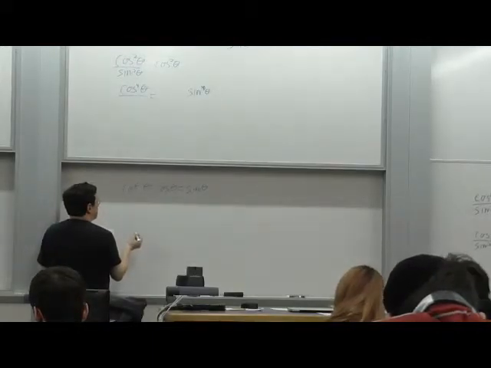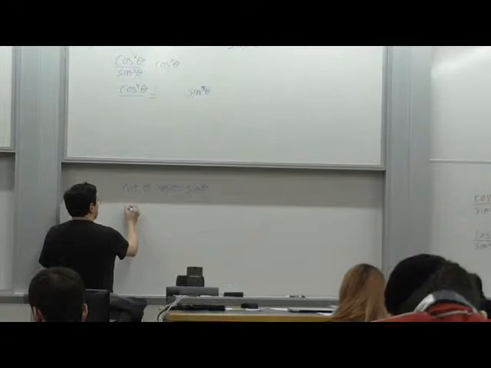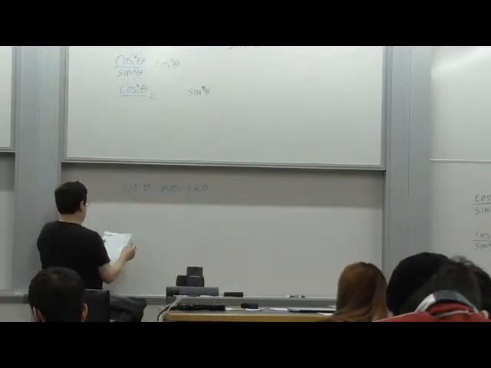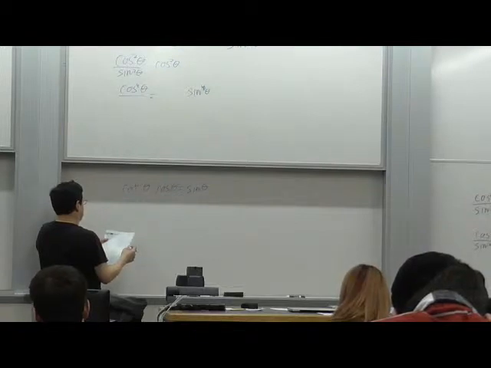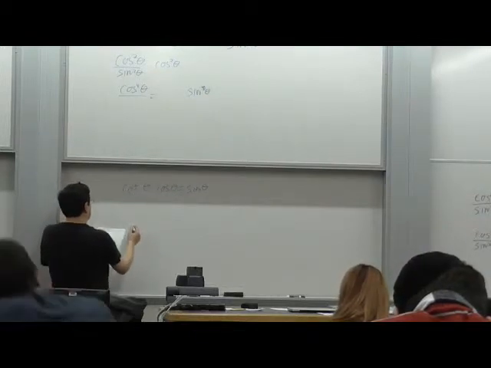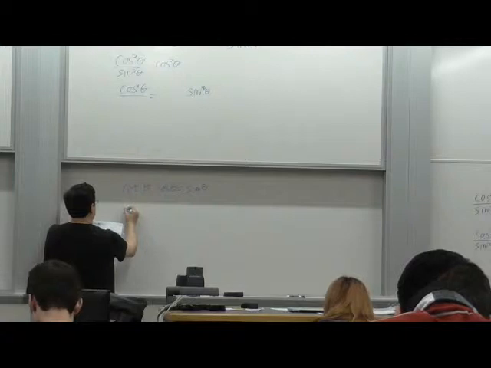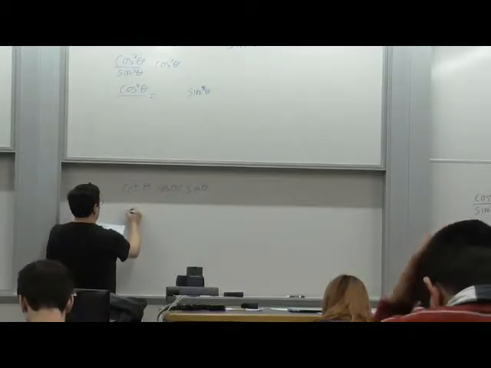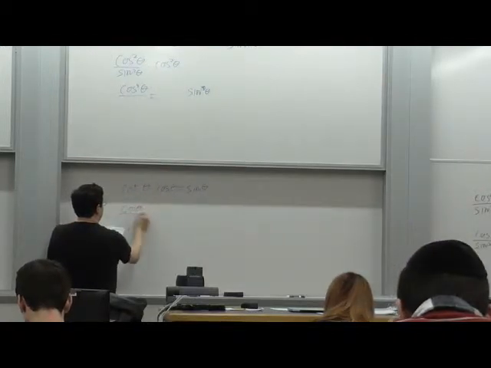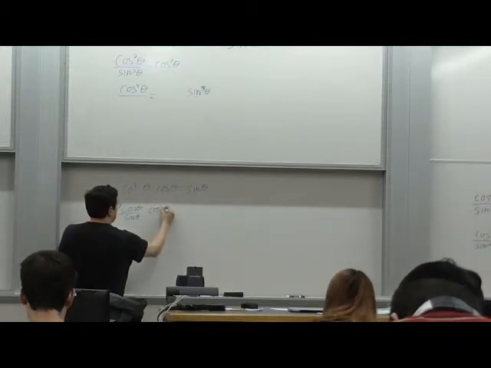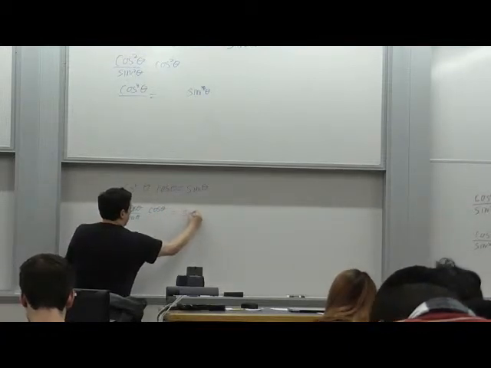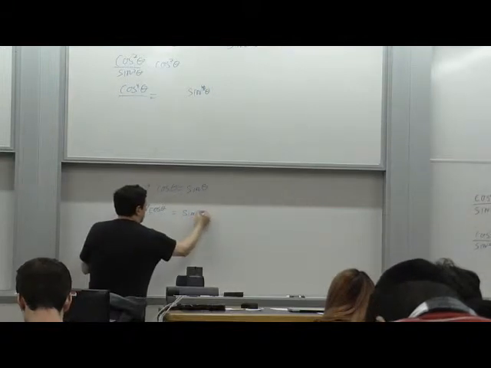It's the same problem. Wait, didn't you just say cotangent times sine equals sine? No, look at number 1, 701. So that's just cosine over sine times cosine equals sine. Right?